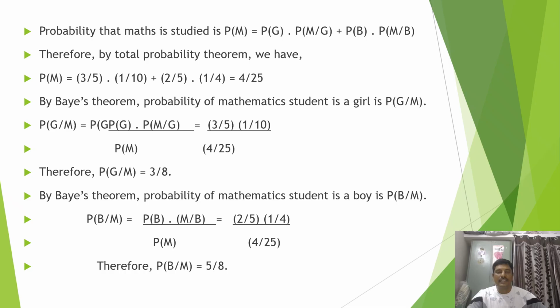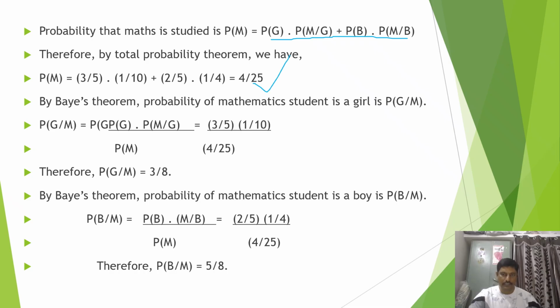So that is what we can find here. Probability that maths is being studied, P of M, is equal to, just now we have discussed it, P of G into P of M by G plus P of B into P of M by B. Therefore, substituting the values, we are getting the answer 4 by 25.